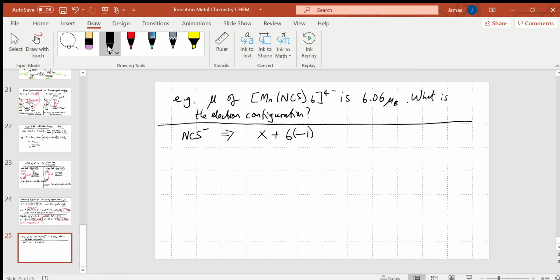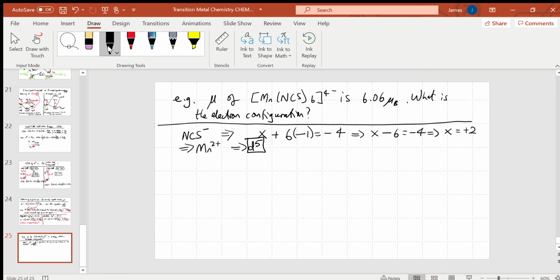So manganese charge plus 6 single negative charges on the ligand overall is equal to a net negative 4 charge. So that means that the charge on manganese, X, minus 6 is negative 4. So we can just add 6 to both sides. So X, in this case, equals plus 2. So I have manganese 2 plus, and that is a d5 complex.